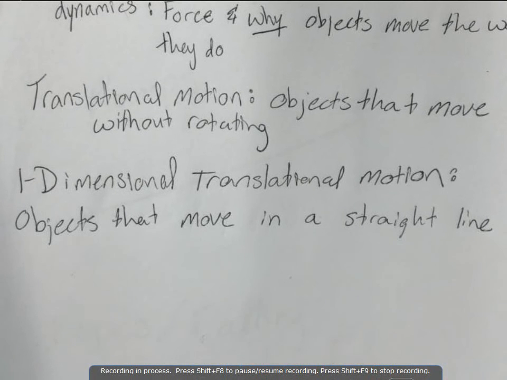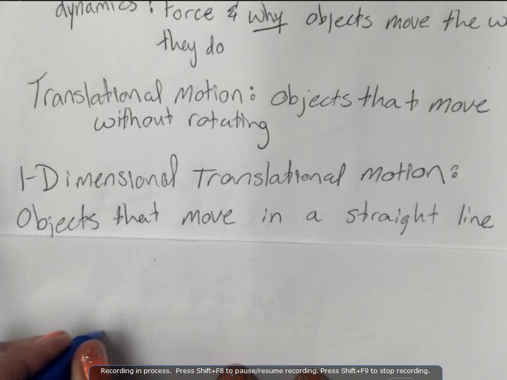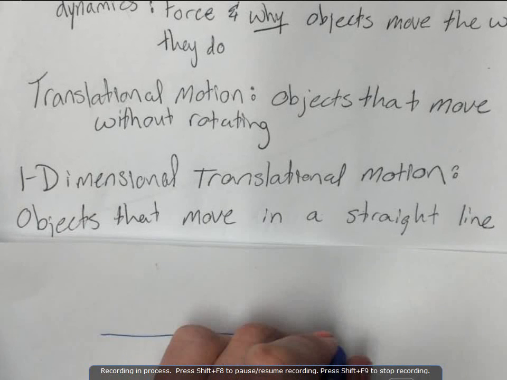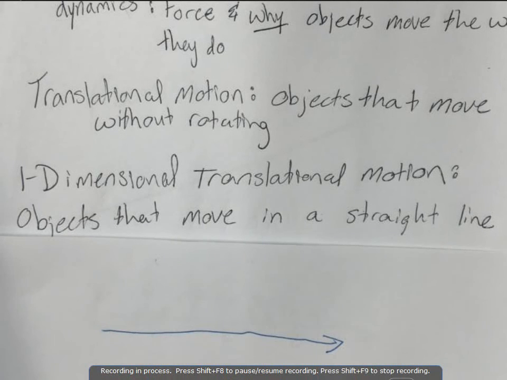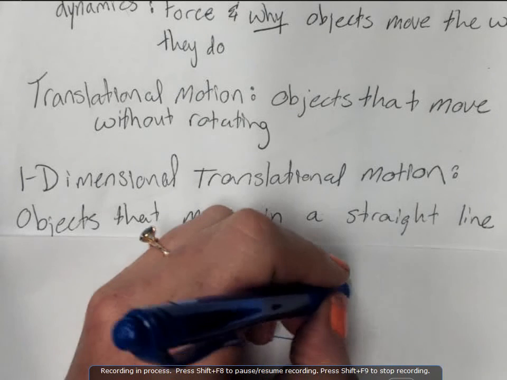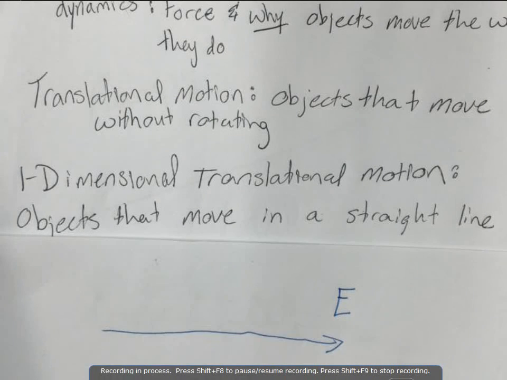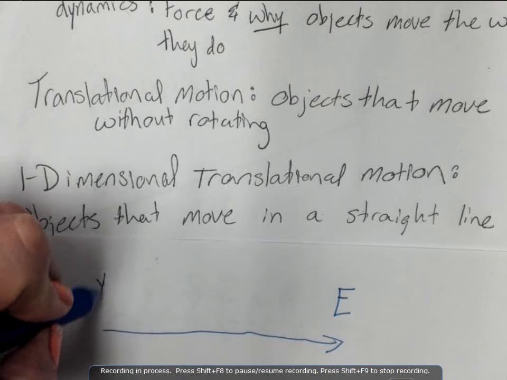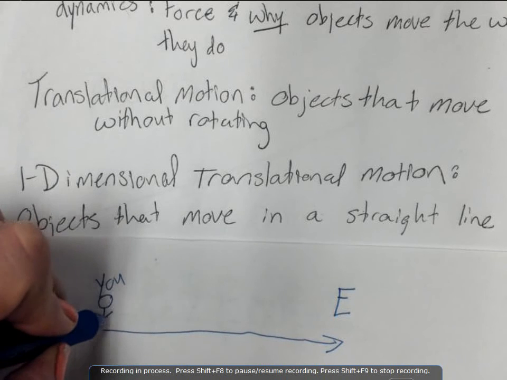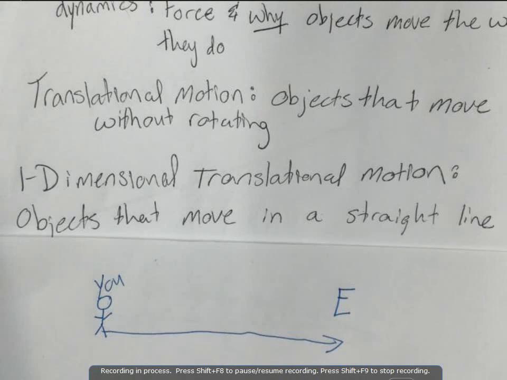So objects that move in a straight line could be, for example, walking in a straight line directly east, and it could be you. Here's you. Keeping it up, still looking good. As long as you move in only 1 direction, that would be 1-dimensional translational motion.